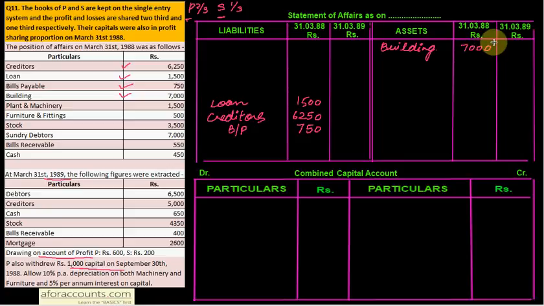Then you have plant and machinery 1500. Furniture and fittings come up to 500. Write it here. Then you have stock 3500.